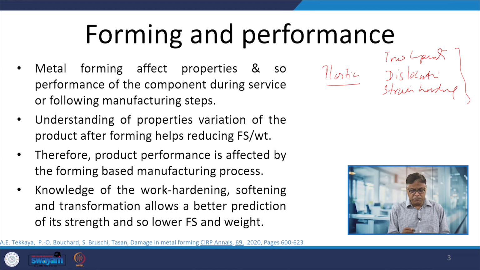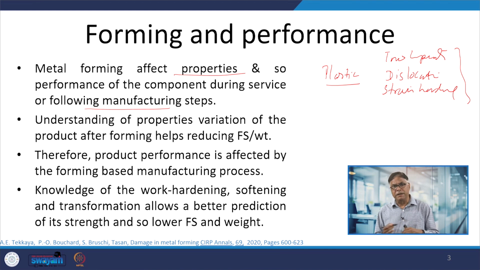In addition to the effect of metal forming on the properties of the components being fabricated, it also affects the subsequent stages of manufacturing, because manufacturing through forming approaches is not done in just one step.